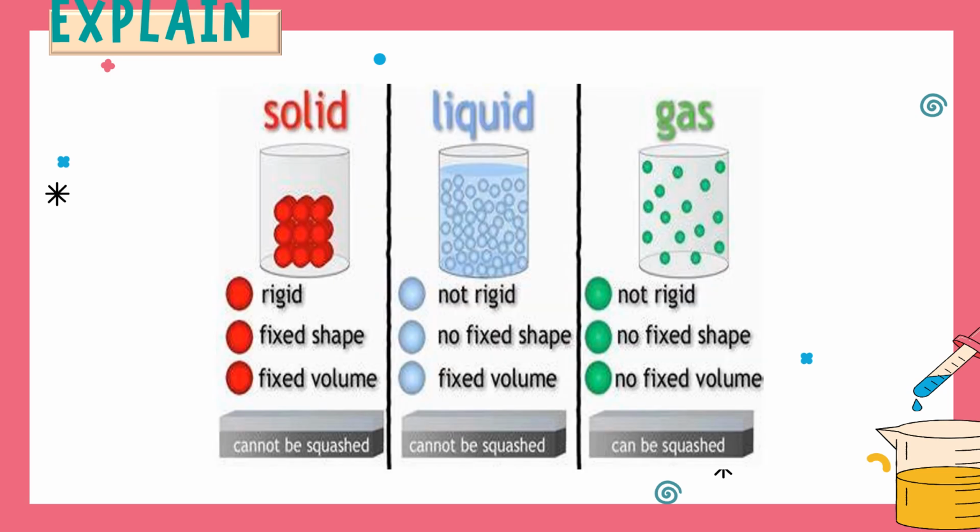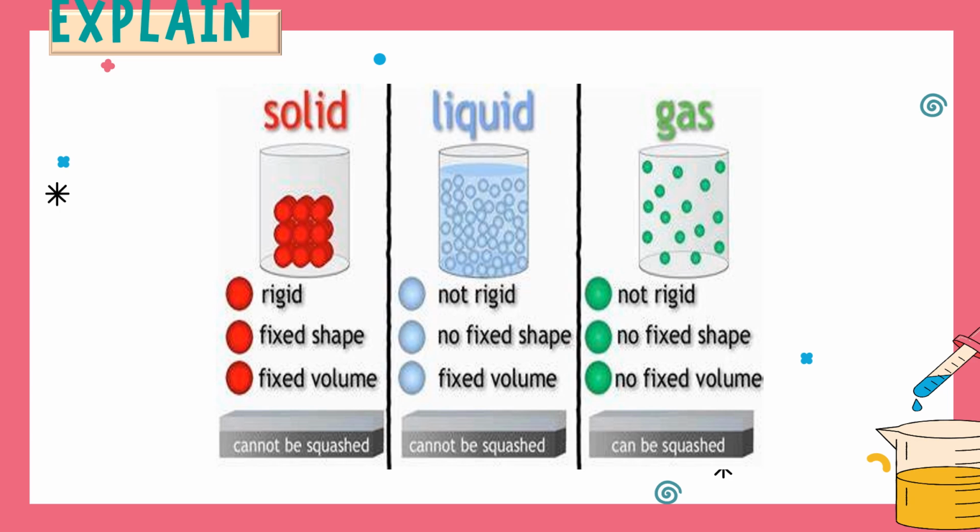Now let us move on to the three different states of matter: the solid, liquid, and gas. Solid is rigid with fixed shape and fixed volume, and it cannot be squashed.